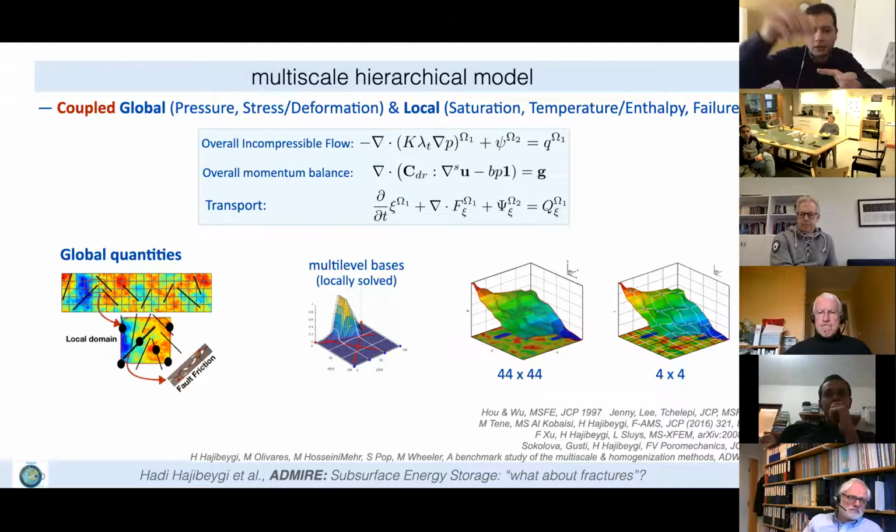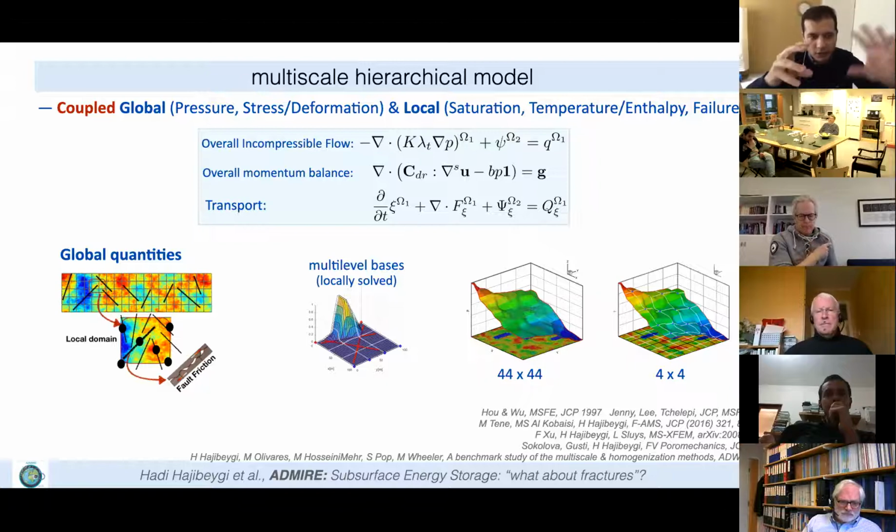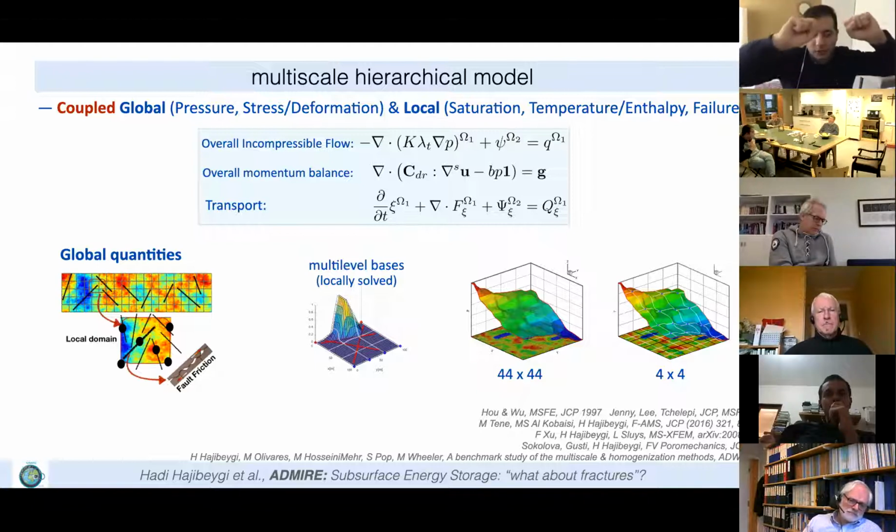You locally solve basis functions. So if you look at the dots on the left plot, where it says local domain, there are so many fractures and faults, I have put some black dots there. These are your sample points that will go to the coarse level. You will solve only for these points, not the rest.